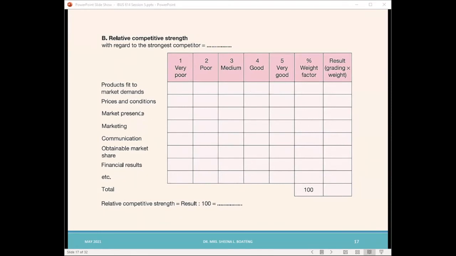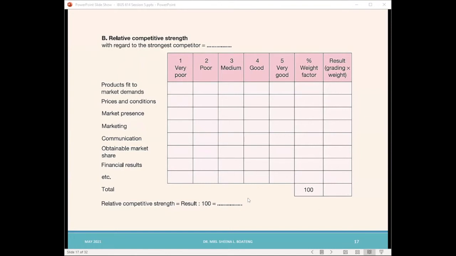Then in terms of prices and conditions, you need to compare yourself to your strongest competitor and then give yourself a ranking. Likewise, market presence, marketing, communication, obtainable market share, and then financial results. All of these are going to be ranked in comparison with those of your strongest competitor.